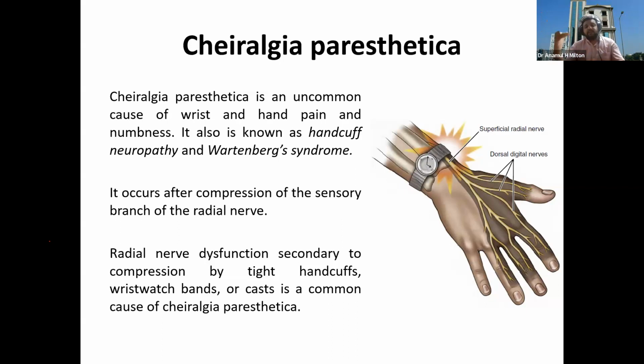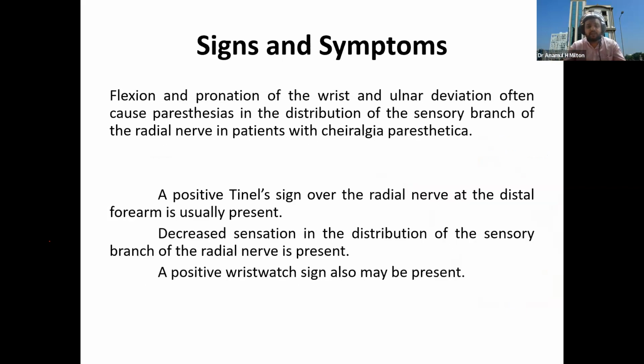It mainly decreases sensation because it is a sensory nerve, so only the sensation may reduce, and there is no motor deficit. As I have told, signs and symptoms may be paresthesia or numbness, sometimes tingling. All are sensory presentations, there is no other presentation.